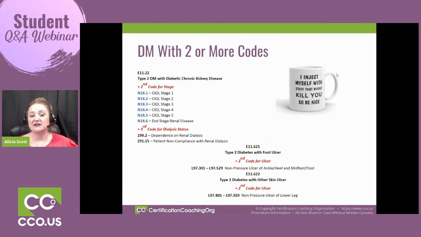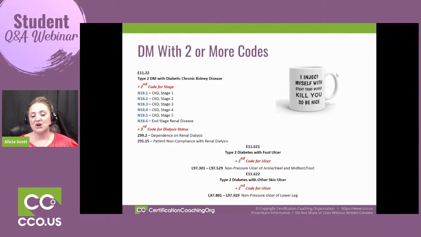Sometimes you have diabetes that needs to be coded with additional codes. It was wonderful when ICD-10 came out, because in ICD-9 we had to use multiple codes describing everything, and now things like diabetes with polyneuropathy are one code.